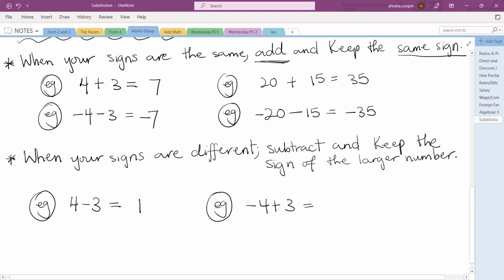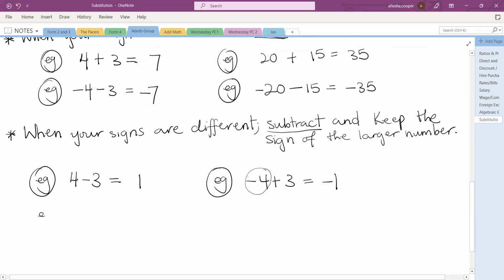So when the signs are different, even though I'm seeing an addition sign in the middle of this, I have to forget that and remember my rule that says if the signs are different, when we are adding or subtracting, we have to subtract. So I have to say 4 minus 3, which will give me 1. And therefore, I have to take the sign of my larger number, which is negative. So negative 1.